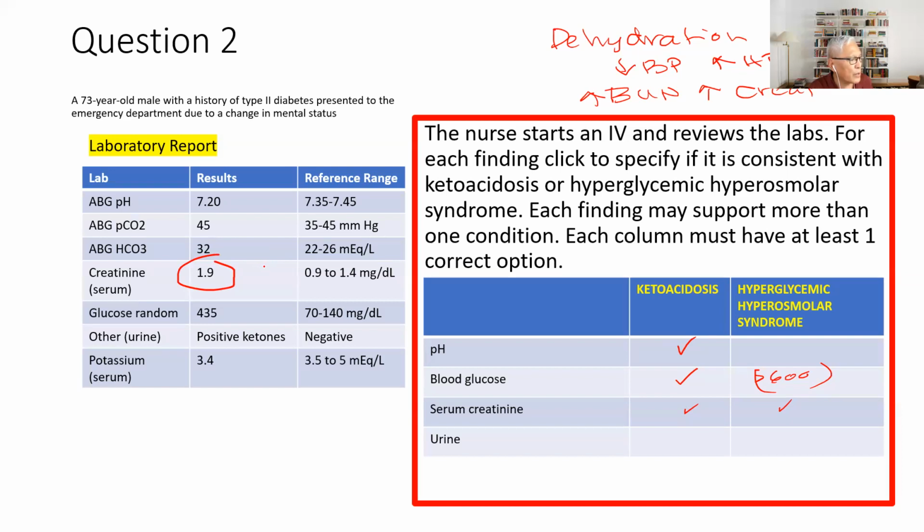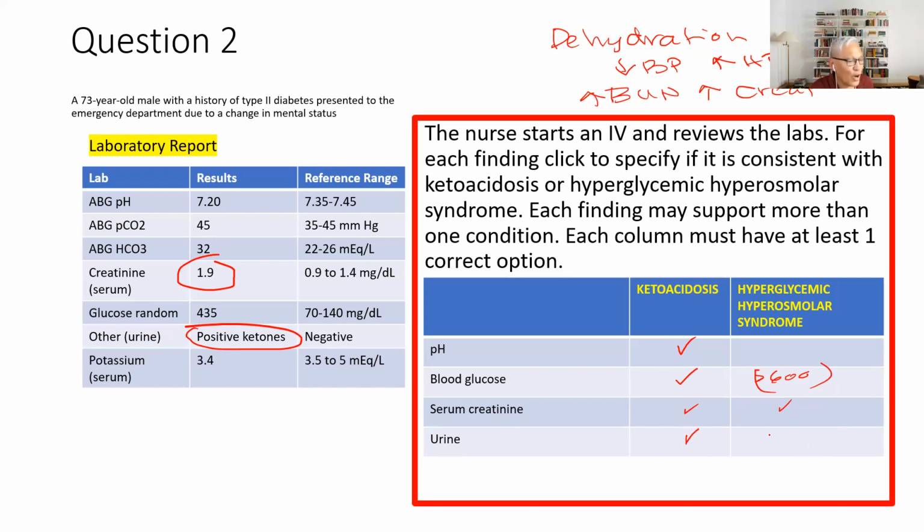Is there dehydration in both of them? Both of them. Therefore, this is consistent with both ketoacidosis and hyperglycemic hyperosmolar syndrome. And for the urine, it's positive for ketones. Would you have that in ketoacidosis? Yes. Would you have it in HHS?